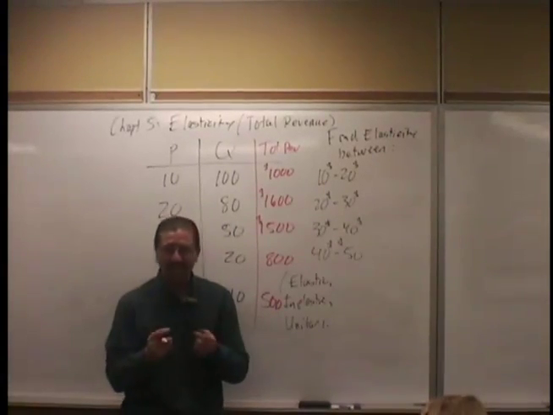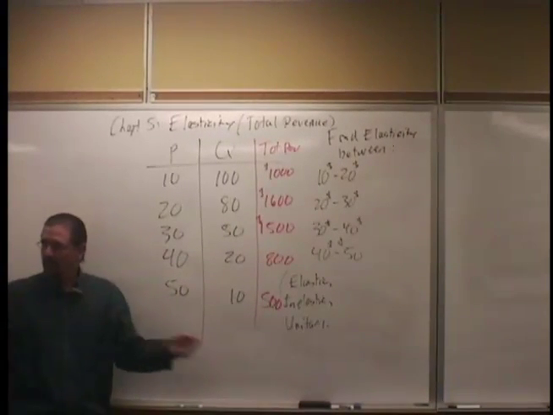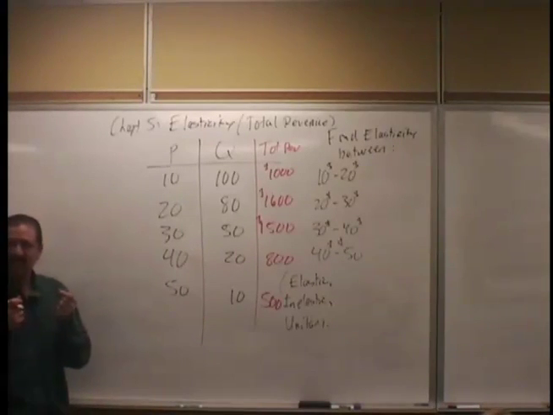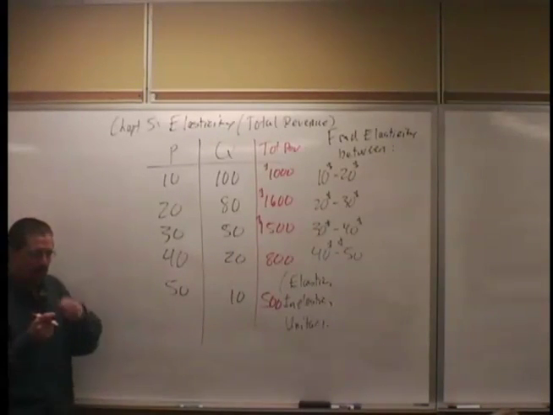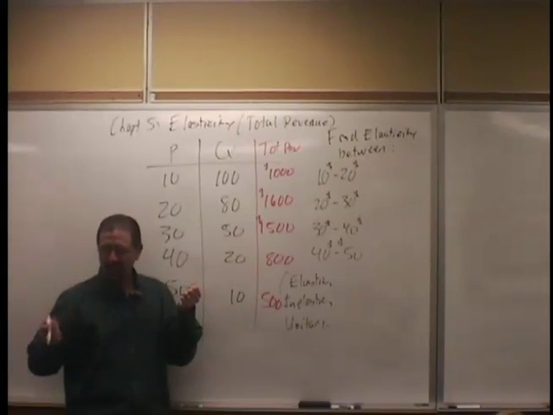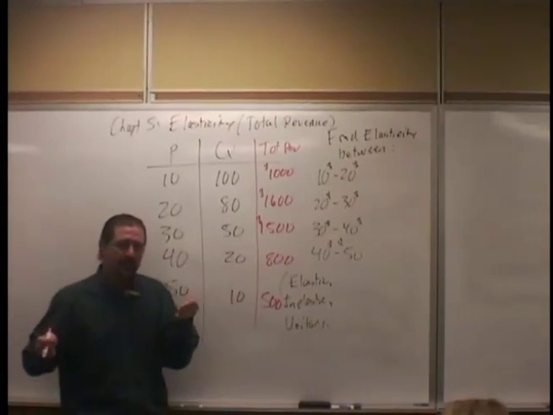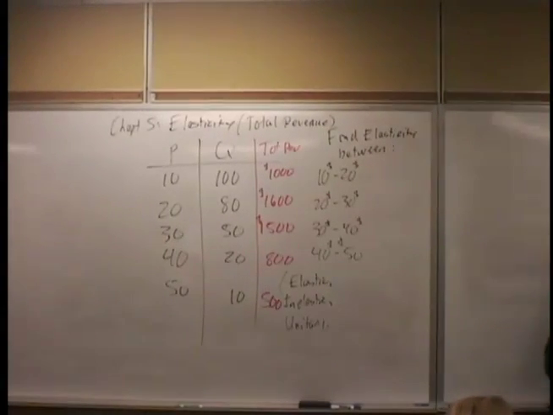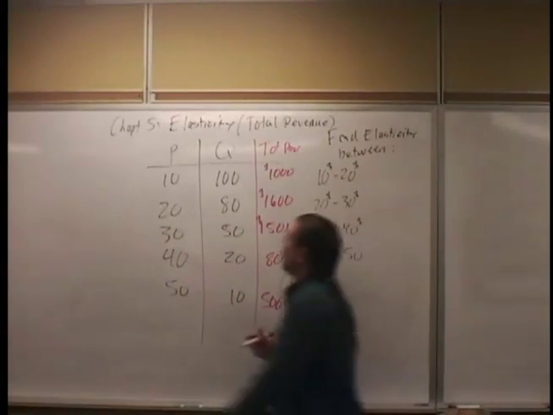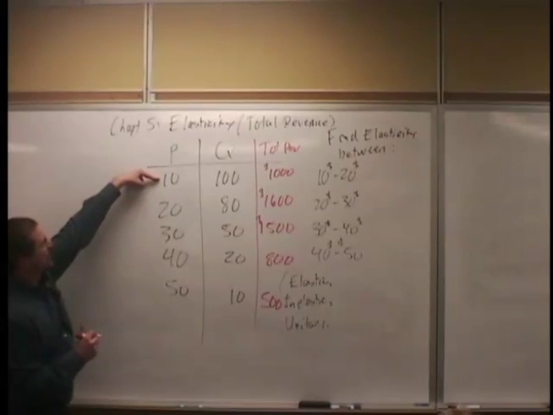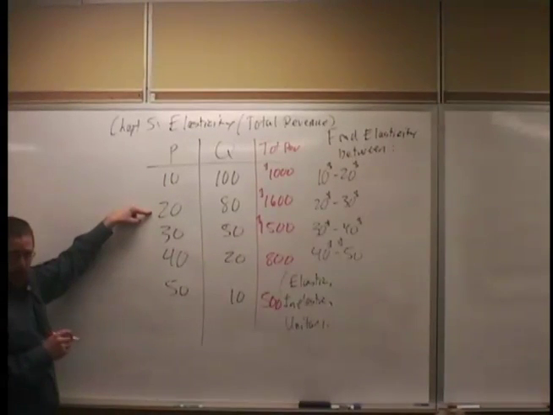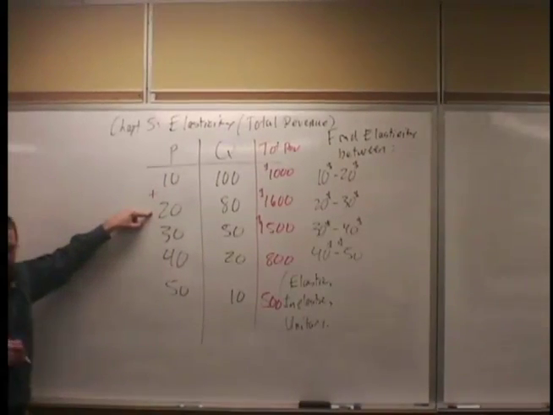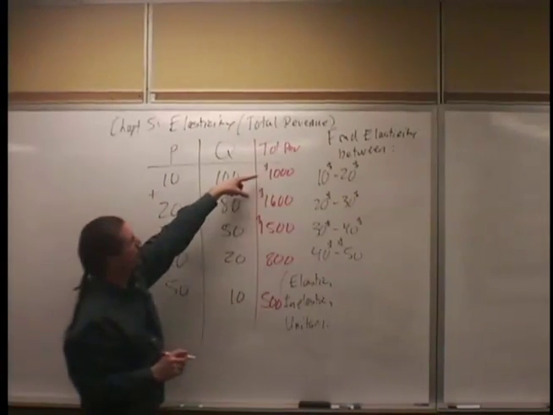Now, the key here, determining what our elasticity is. Remember that elastic is stretchy. Things can go in opposite directions. When things are inelastic, like a piece of wood, when you drag one end of a piece of wood, what's eventually going to happen to the other end? It's going to come along and move in the same direction. Okay? So, when the price goes from $10 to $20, what did it do? It went up. So our price rose. What happened to our total revenue?